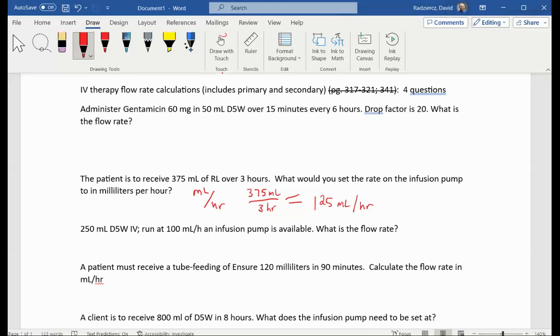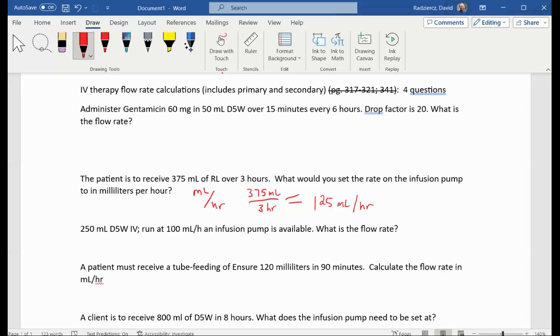Believe it or not, this is a commonly missed question because students are looking for more to do. They're looking for more math. So I'm confused, why wouldn't I put it over 24 hours first? Because it doesn't ask you to do that. Okay, so you're right, I just added more stuff.